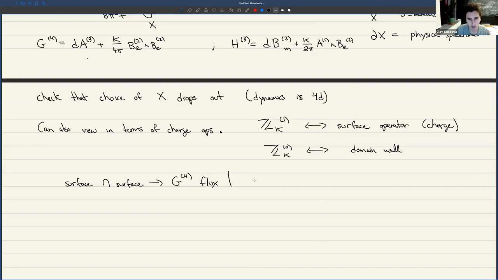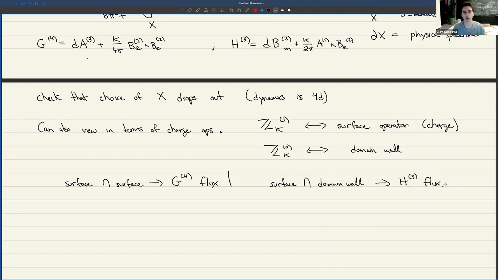There's, of course, a similar thing interpreted with the other formula. So if I take a surface and I intersect it with a domain wall, then I find H3 flux.